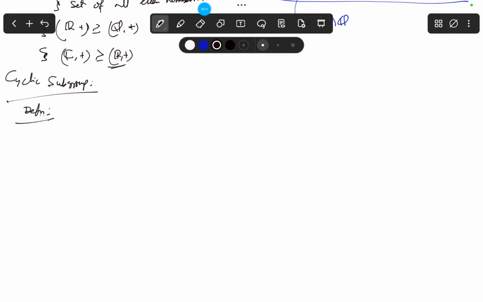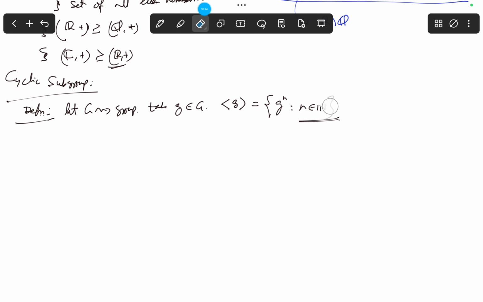The definition is: let G be a group and take any element, small g, belonging to capital G. Then the subgroup generated by g is basically nothing but g power n such that n belongs to the integers.